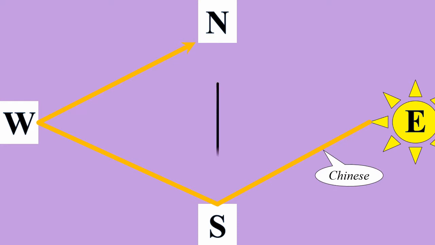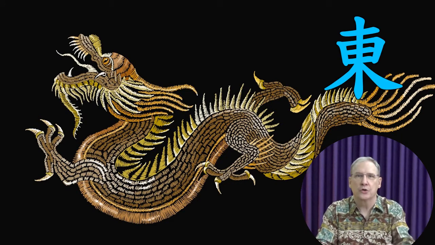Whereas English speakers, and possibly other Westerners, would list them as north, south, east, west. Chinese always begin with east, dong, whose totem in Chinese astrology is the greatest of mythical creatures, the dragon.